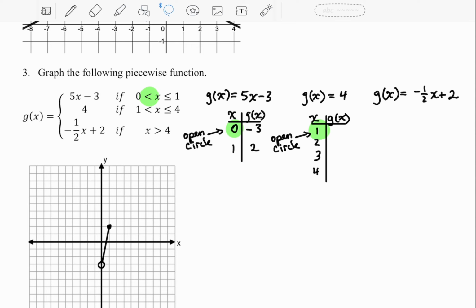But because it's a constant function, there's nowhere to substitute any of these numbers. g of x is equal to 4. That's the same as saying g of x is always equal to 4, which is the same as saying g of x is equal to 4 no matter what x is. So each one of these values is going to be equal to 4.